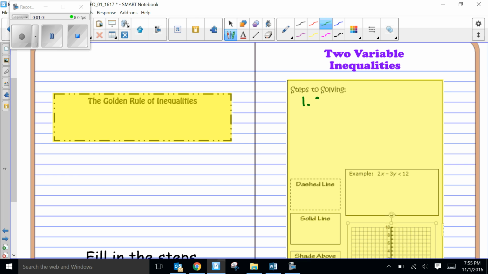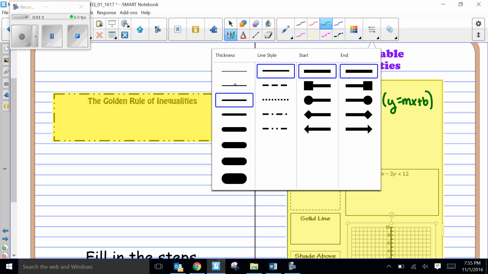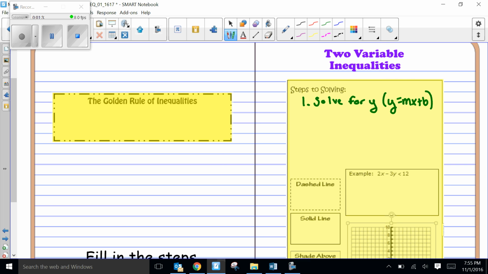And we're going to do that by solving for y, or put it in y equals mx plus b form. So I have 2x minus 3y is less than 12.